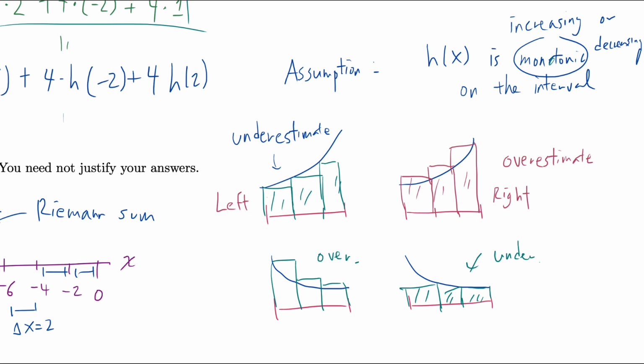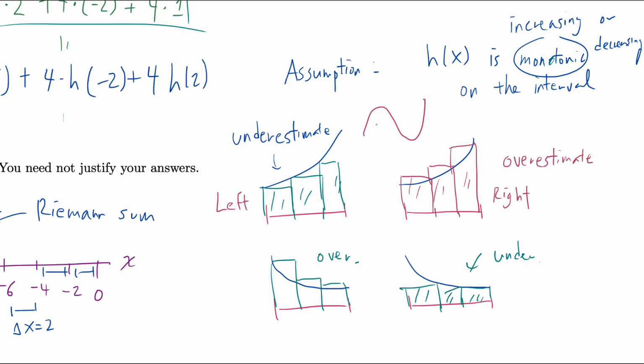Now, if h of x is not monotonic, if it's going from, say, increasing to decreasing, and back to increasing, then qualitatively it's really hard to get any information on whether it's an underestimate or overestimate from the left or right Riemann sum.